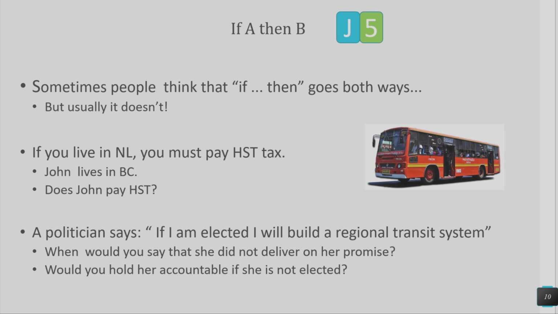So a lot of the time when you see people thinking, so to say, logically, they may be thinking that an if-then statement goes both ways. But as you could see in this example, it usually doesn't.